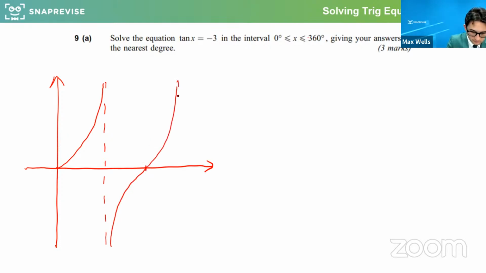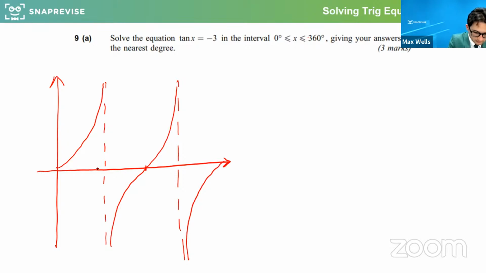That'll be 270. That'll be 360. So 90, 180. Okay, right. And do feel free, as I said, to solve this. I'll do it by the TAN method, by the cast method as well, for those that would like that.